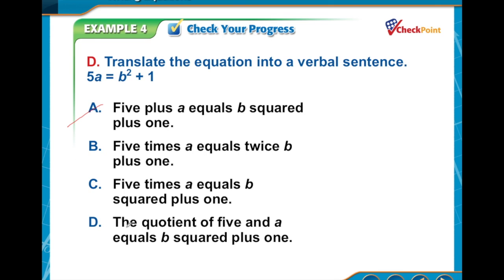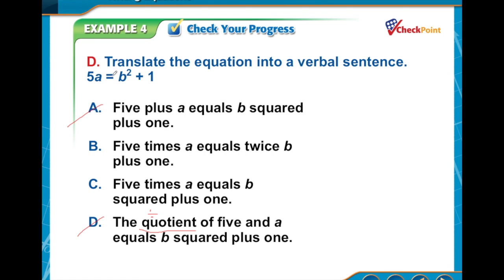If I look at D, it says the quotient of 5 and A. And we said before, quotient means to divide. So we know the 5 divided by A is nowhere to be seen in this equation. We have 5 times A, but not divided by. So D is wrong. If we look at B and C, they both say 5 times A, so that's good.